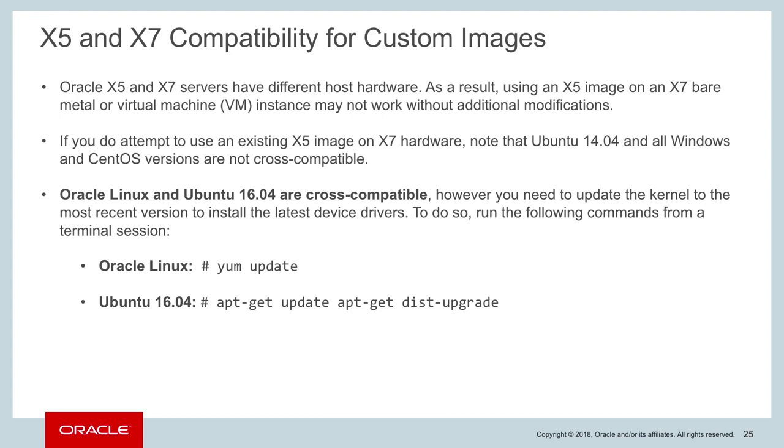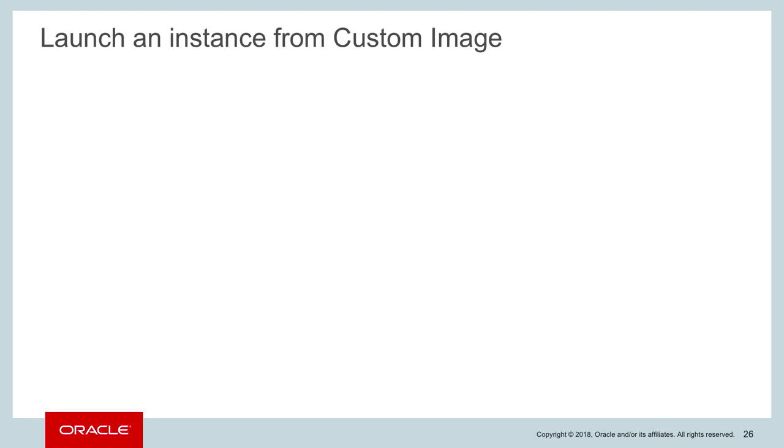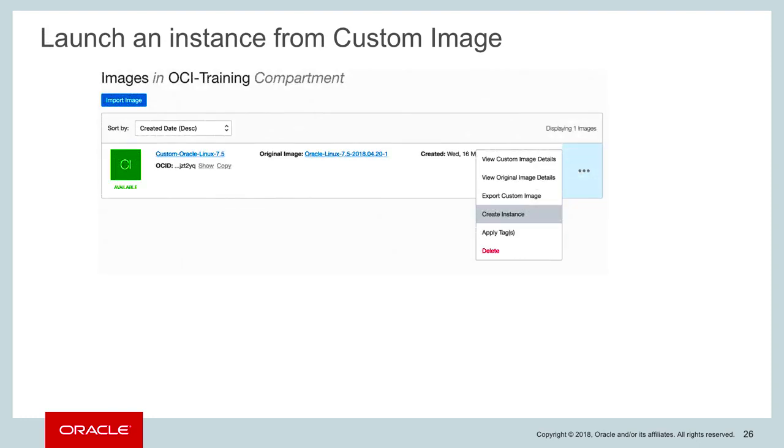So Oracle Linux and Ubuntu 16.04 are cross-compatible. The only thing you have to do is make sure you update the kernel with the latest drivers. Then in case you create an image on X5, you can place that image on X7 machines as well, as long as you have the latest drivers. So that'll be fine.